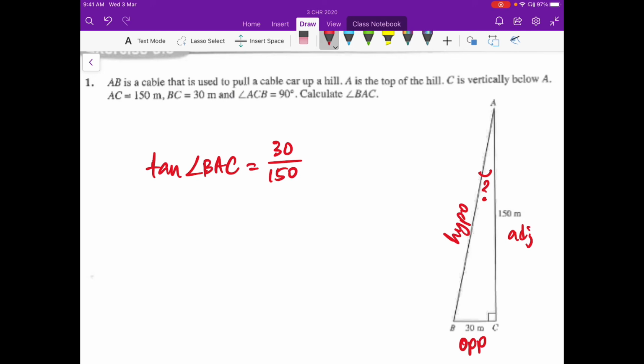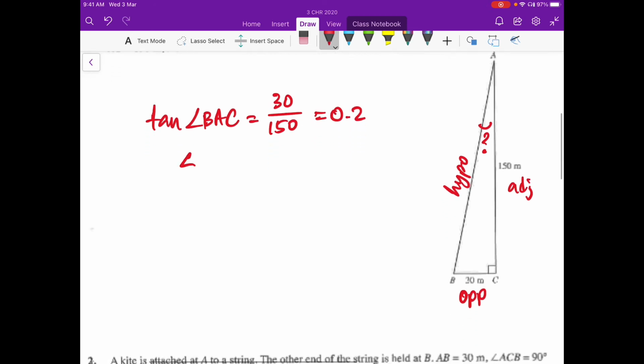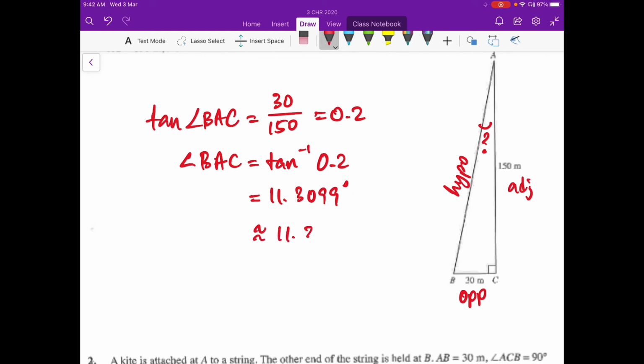Okay, then. Okay, this is 0.2. And what do we do? Angle BAC. Not -1, inverse. Okay, tangent inverse 0.2, then calculator. Correct? Okay, what is the 1 dp? Okay, because it is in degree. Okay, very good.